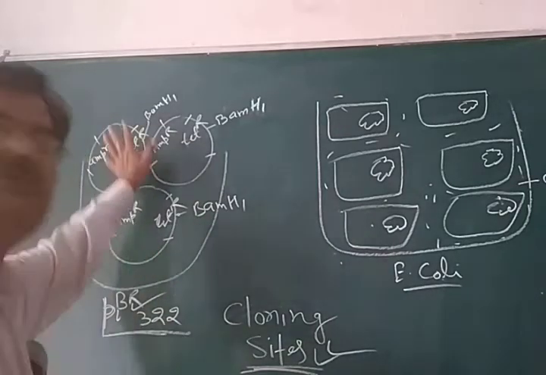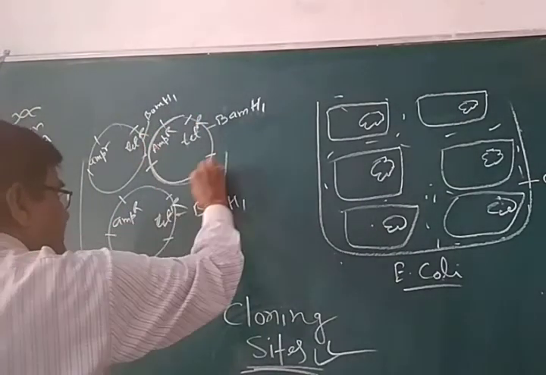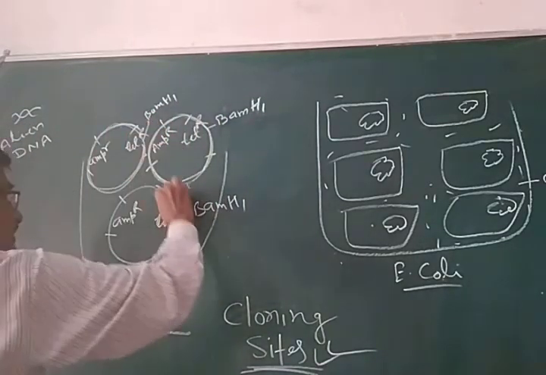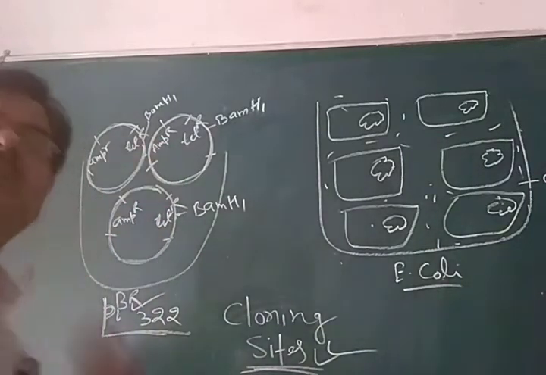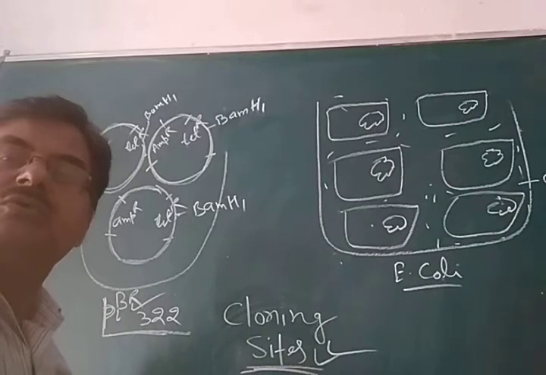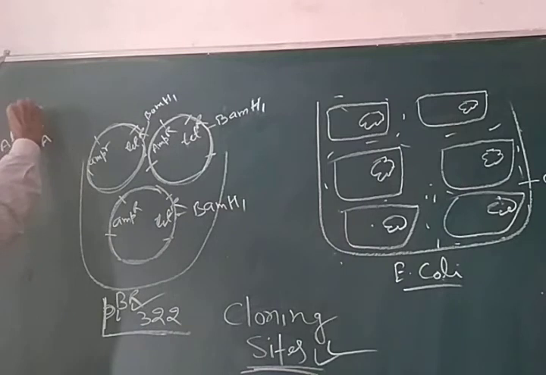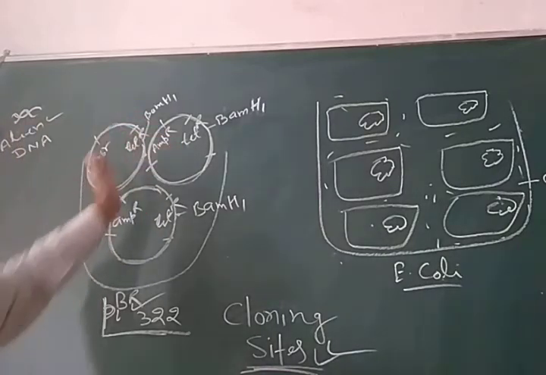Now we will talk about this. Suppose these are pBR322 cloning vectors, and suppose this is our alien piece of DNA. We are going to ligate this alien piece or foreign DNA into these cloning vectors.